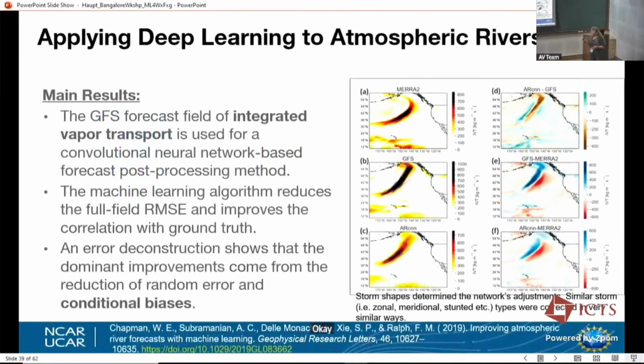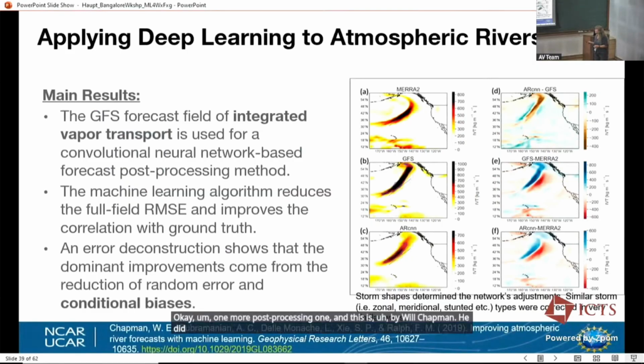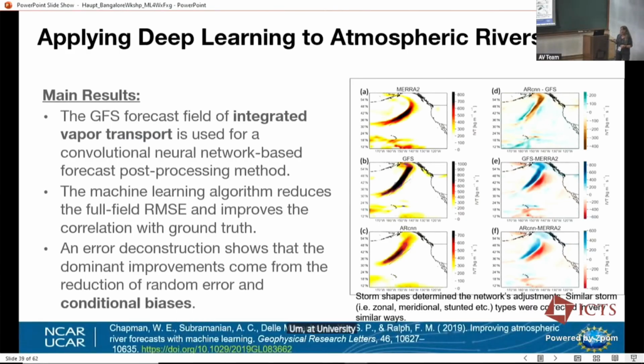Okay, one more post-processing one, and this is by Will Chapman. He did this when he was a grad student at University of California, San Diego. He visited NCAR during his PhD and then came as a postdoc later. You'll hear his name in the second talk as well.